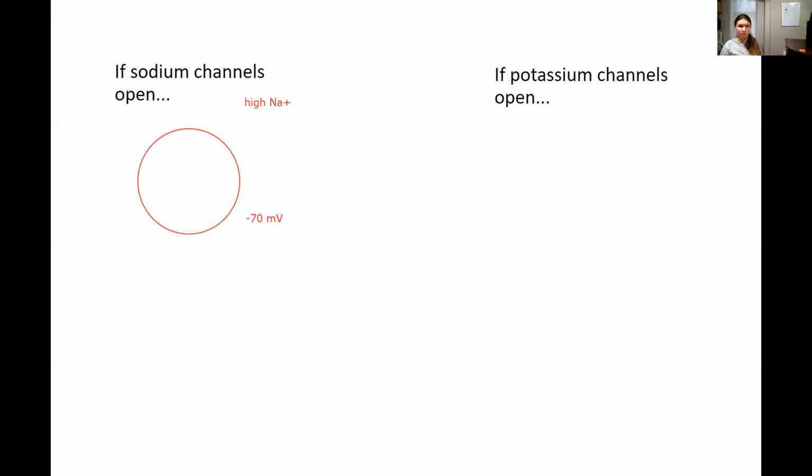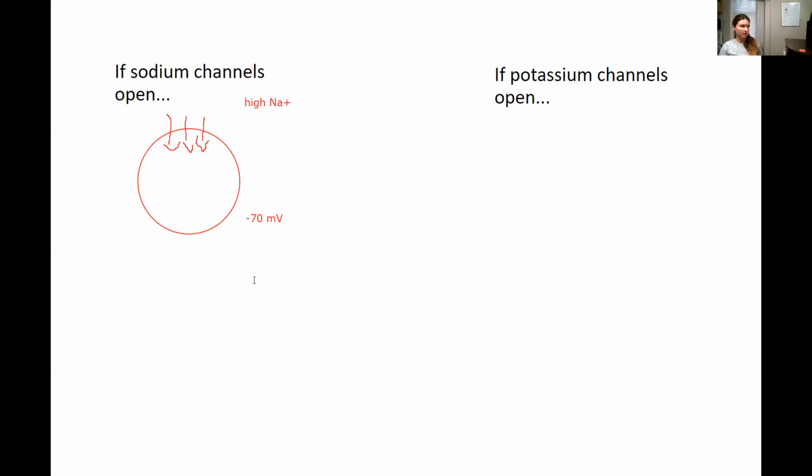But if we open more doors, remember our equilibrium potential for sodium is positive. So as we open more sodium channels, we're going to have sodium flow into the cell. So it's flowing down its electrochemical gradient, but both the chemical gradient and the electrical gradient were also into the cell.